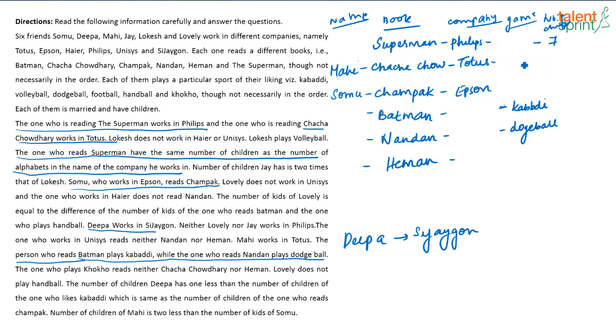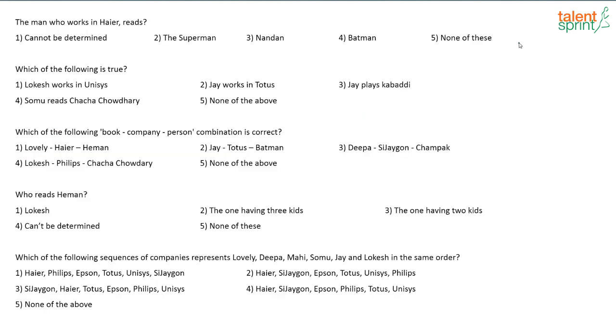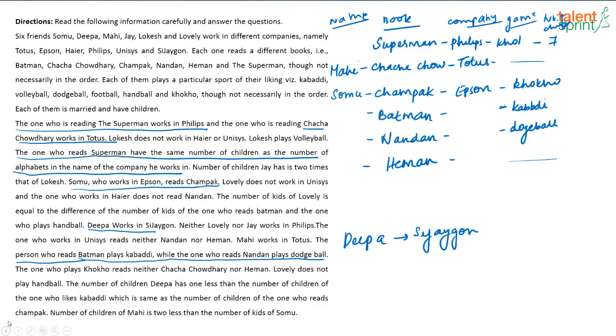Coco can't be here or here. So where can Coco be? Coco can either be here or here. What is given here? The one who plays Coco reads neither Chacha Chaudhary nor He-Man. So Coco can be here or here. Again we have to finalize one of these two.